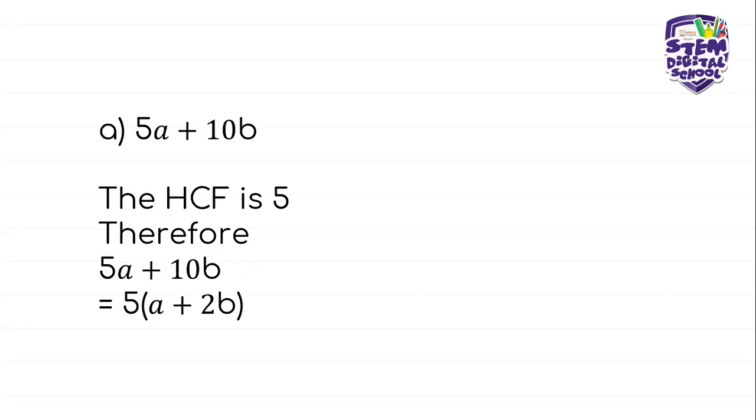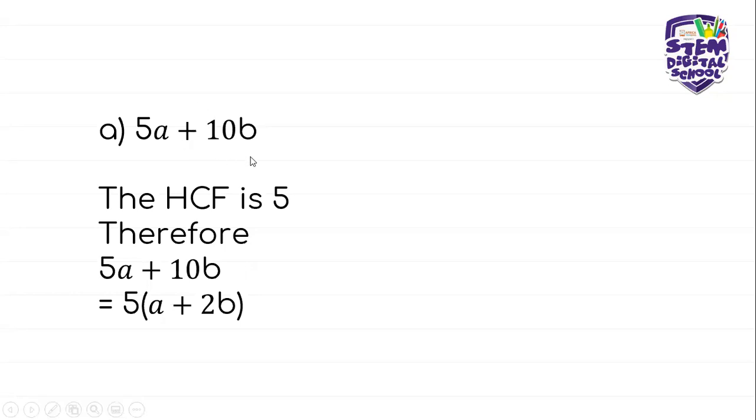The other important point is that once you have factorized your expression, when you simplify the factorized expression, you should be able to go back to the original answer. And in this case, our original answer, as you can see, is 5a plus 10b.